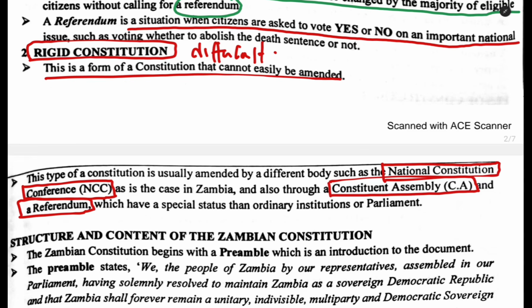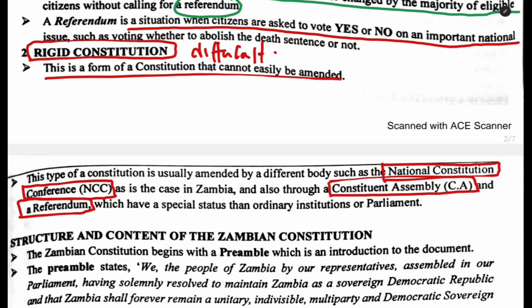Another question that we expect is: why is the rigid constitution not a representative of the majority of citizens? I think that should be a question.